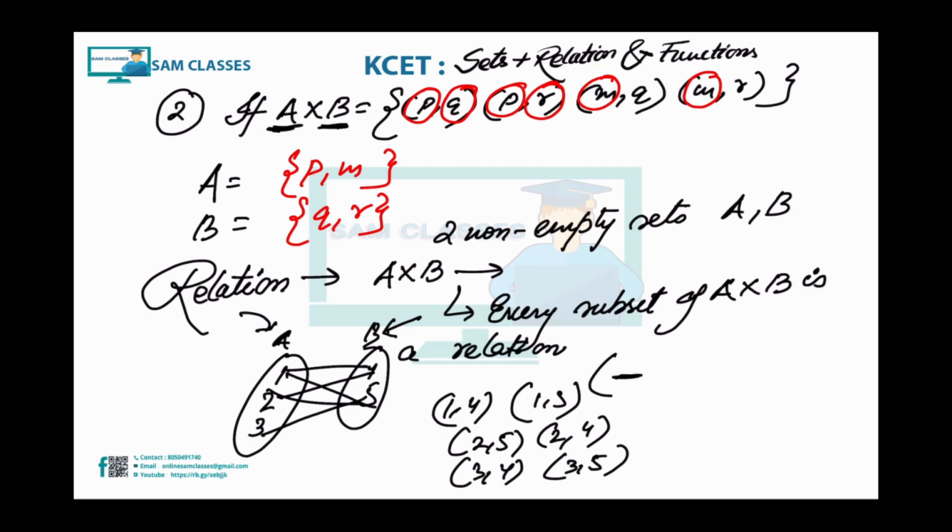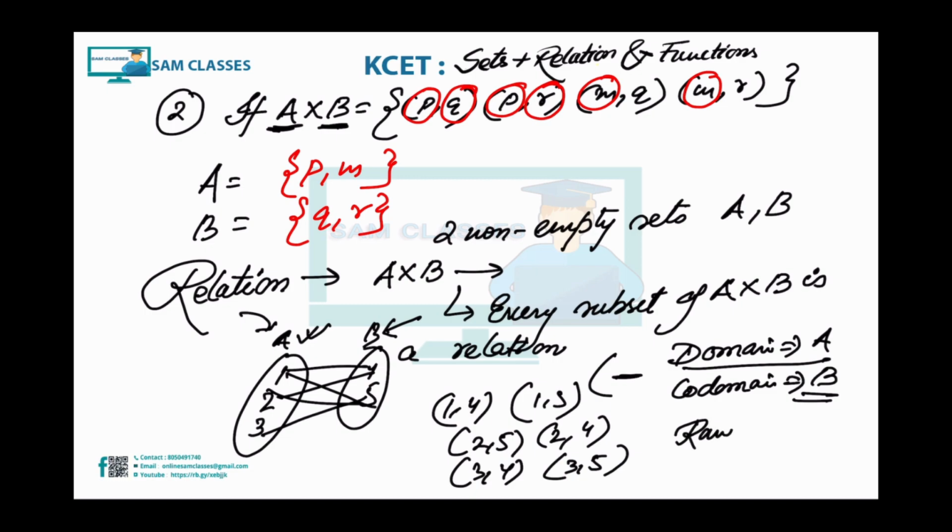And the elements which belong to the second set are known as what? So the domain is nothing but the first set A, and the codomain is nothing but the second set B. So whenever we have two non-empty sets and we do A cross B, all the subsets we generate are a relation. That is one thing. After that, the elements of the first set are called the domain, and the elements of the second set are called the codomain. It is also called the range. We'll see what the difference between the range and the codomain is.